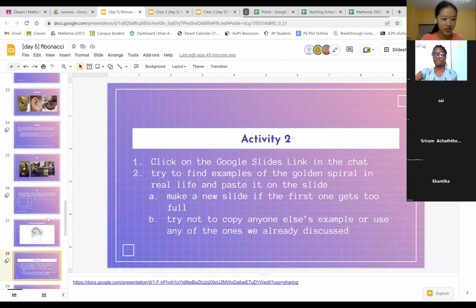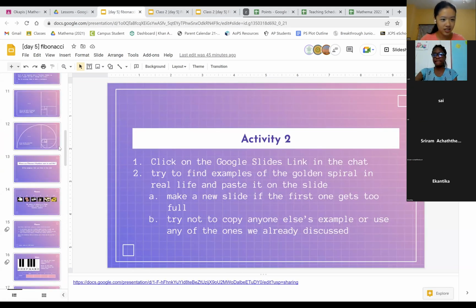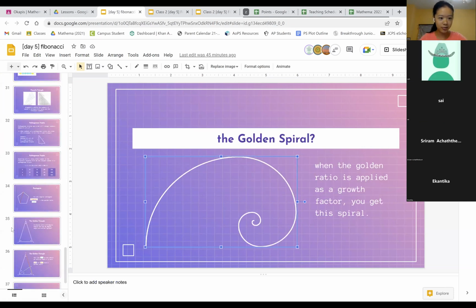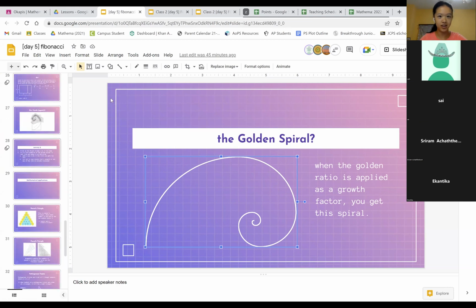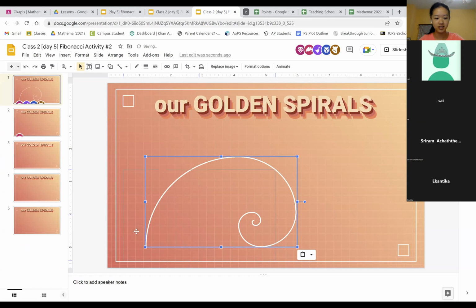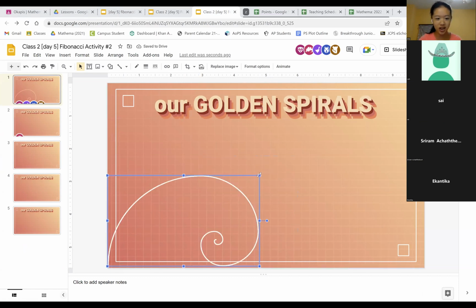And the other thing is that, here we go. So this is the golden spiral for reference, just in case you need to look at it. If you want to fit it onto the pictures you find, then you may.